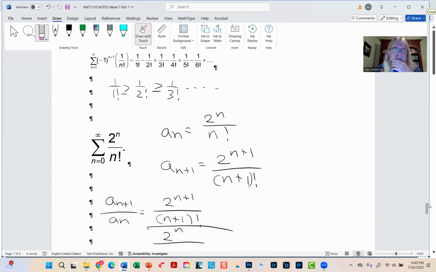Yeah, I copied something wrong. The 2 is fine here. I just copied it wrong. It's 2 to the n over n factorial.